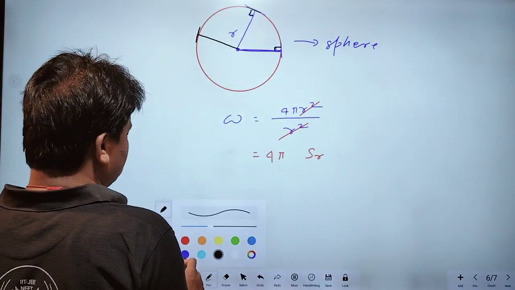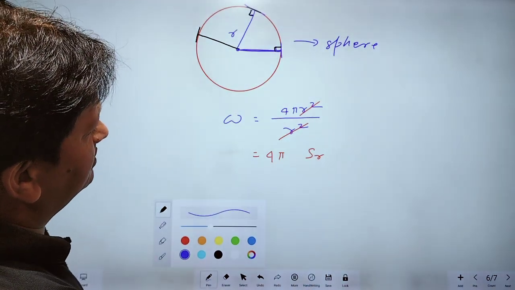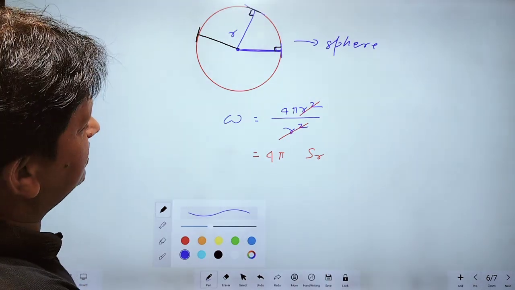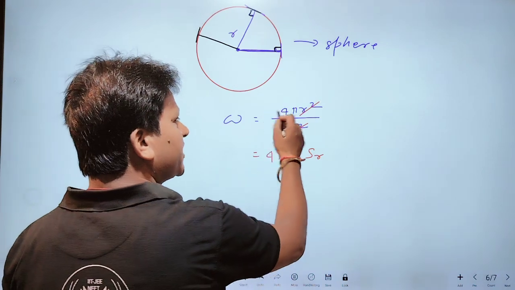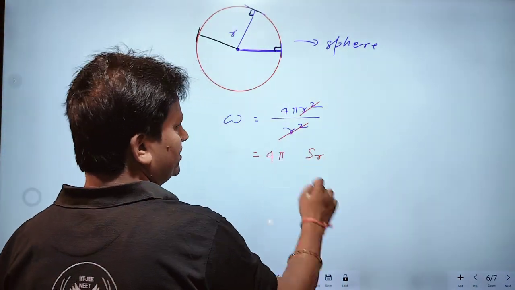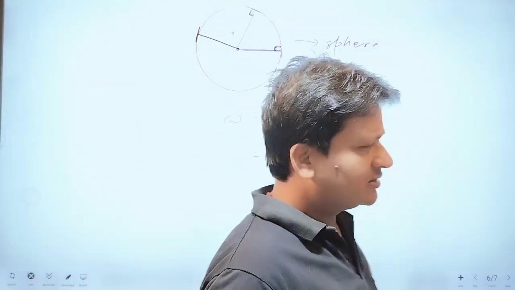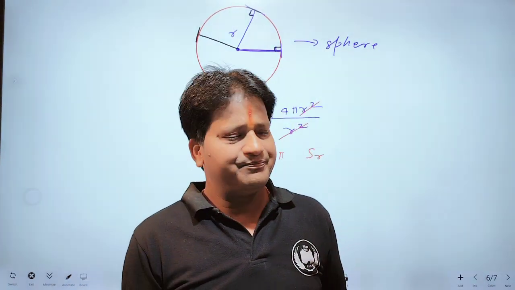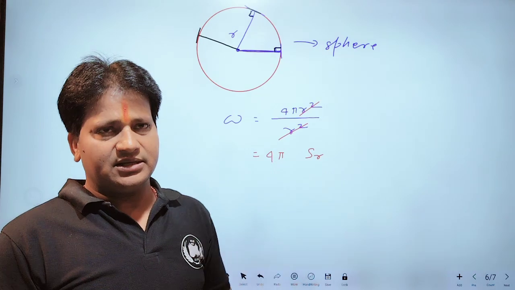Therefore, the total surface area of a sphere which is perpendicular to r will be 4 pi r square, divided by r square. This will be 4 pi. This is the solid angle at the center of a sphere. Got it? 4 pi ST radian.